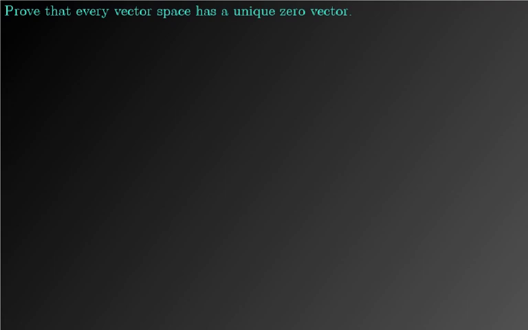And pretty much every time you see this word unique, you want to do a proof by contradiction. All right?